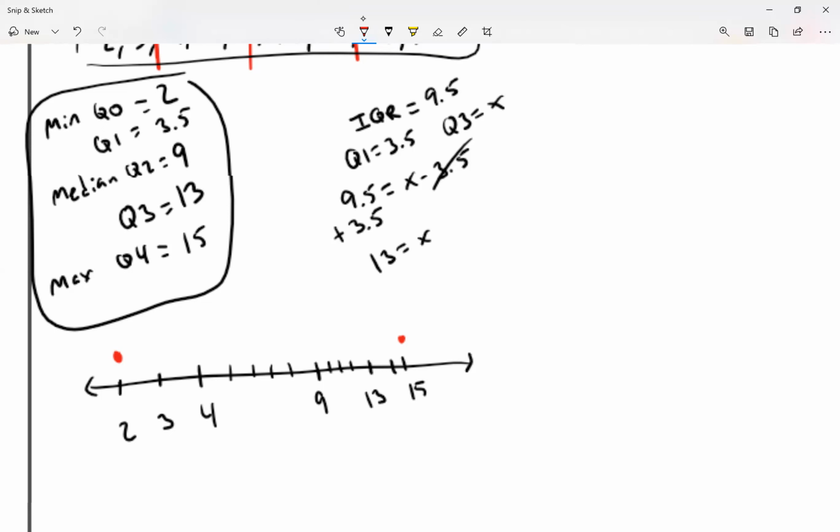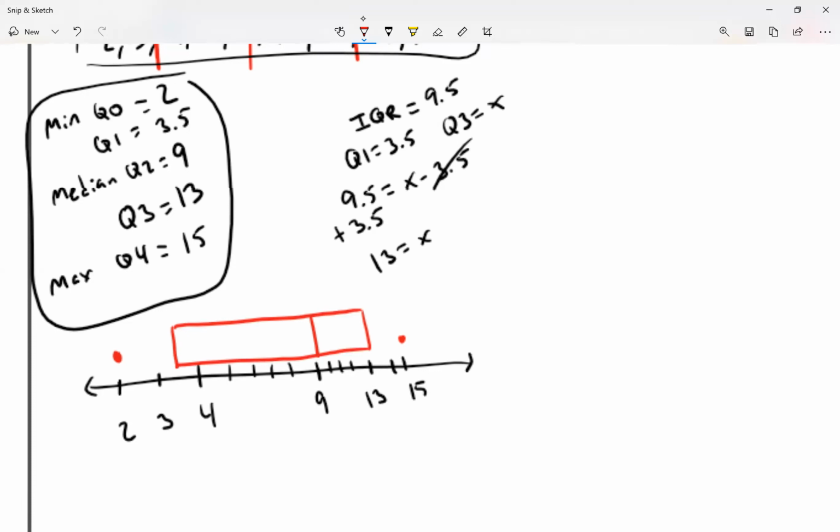So quartile 1 is 3.5, so that's about here in between 3 and 4. Quartile 2, which is 9, and quartile 3, which is 13. So again, my minimum and my maximum were represented as points. Quartile 1, median, and quartile 3 were represented as little lines. Now these little lines, I want to close them up as a box.